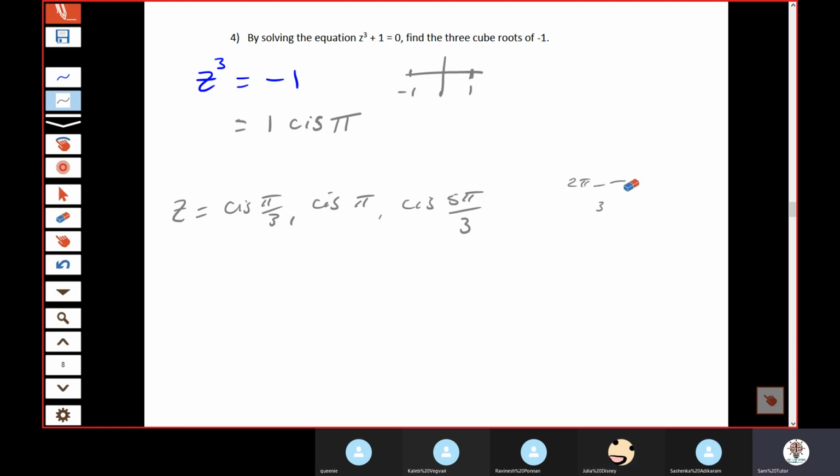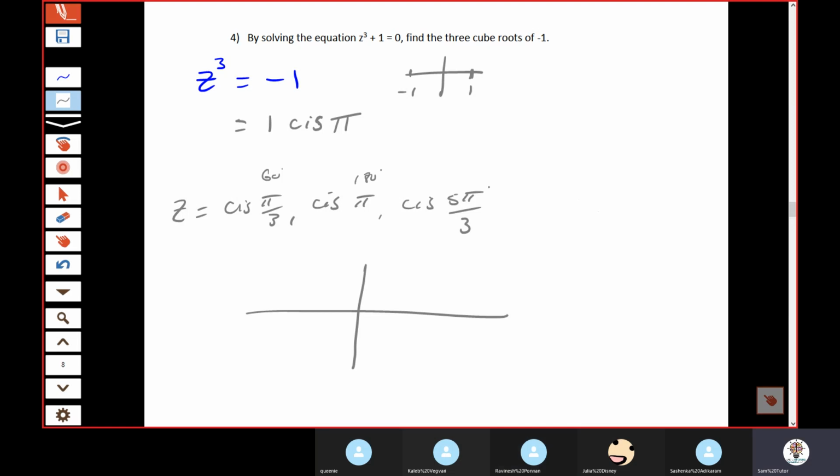Yeah, looks perfect. And then, just out of curiosity, if you had to draw this on an Argand diagram, without changing this to Cartesian, what angle is this? 60 degrees. The next one is? 180.